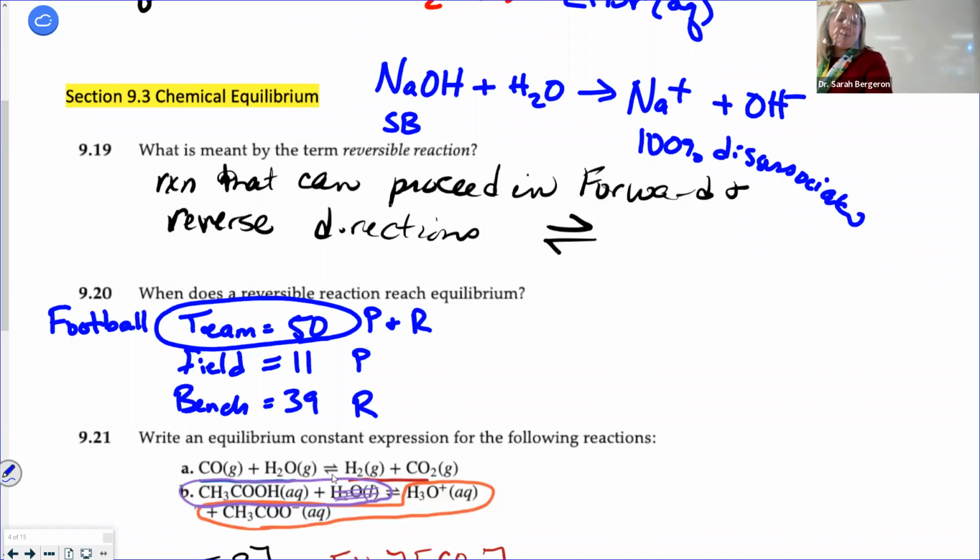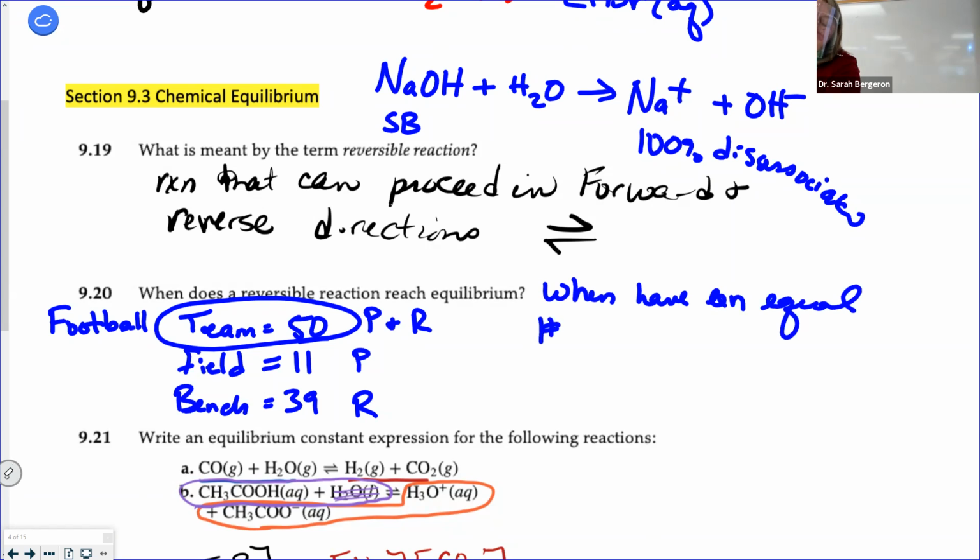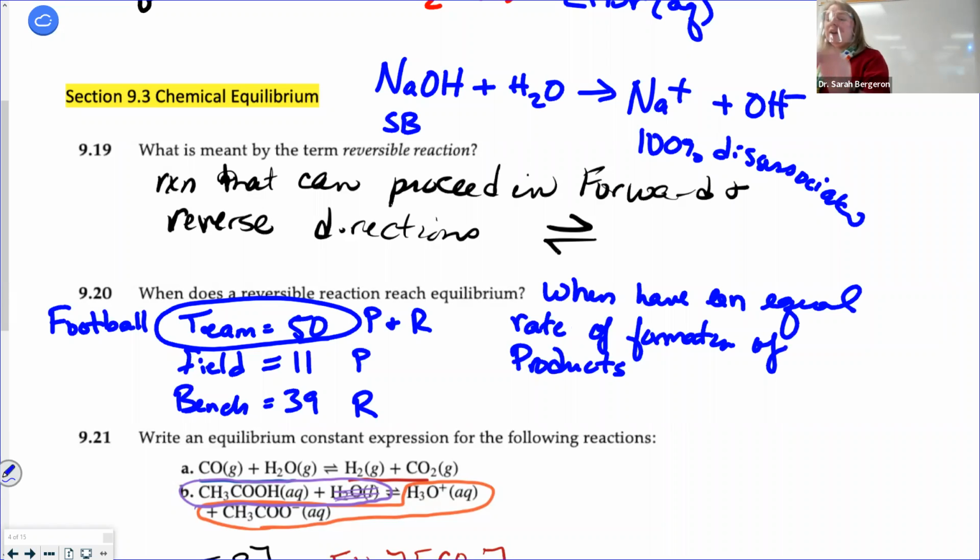So when does a reversible reaction reach equilibrium? So it reaches equilibrium when you have an equal rate of formation of products, right?